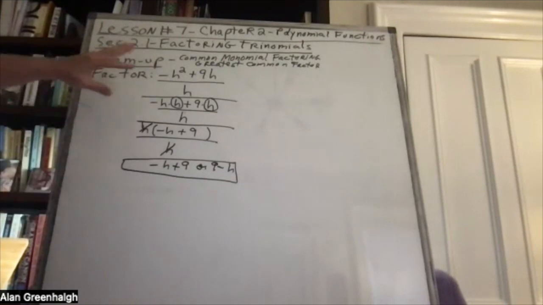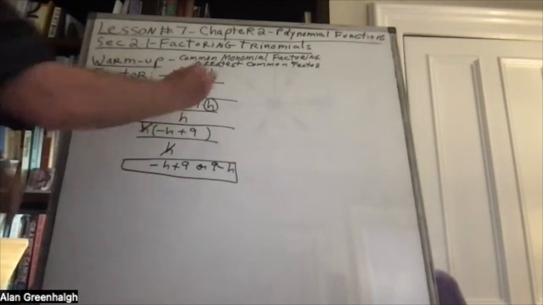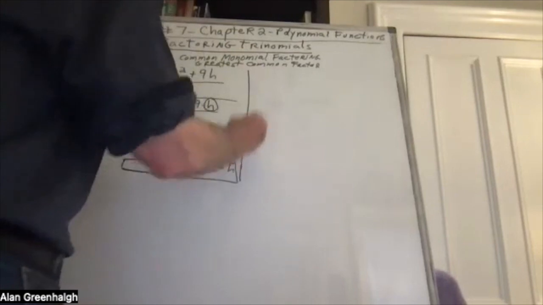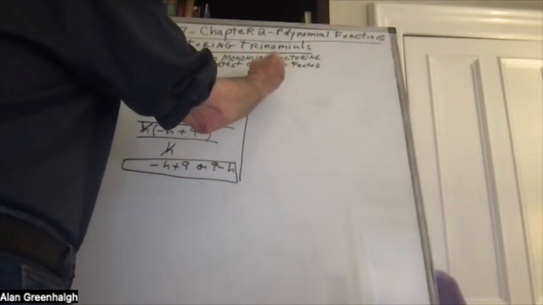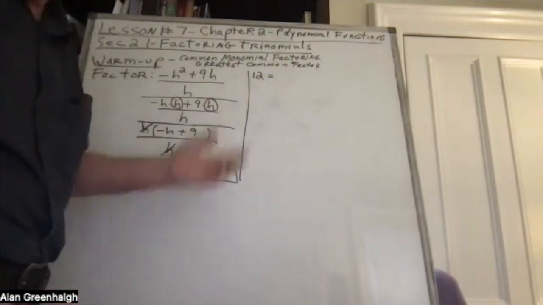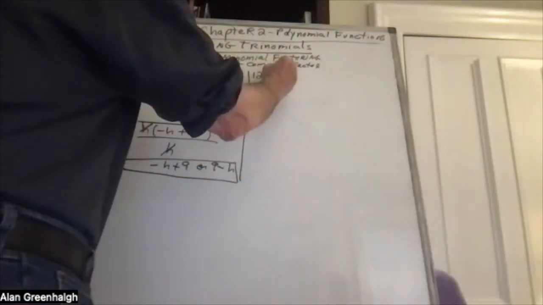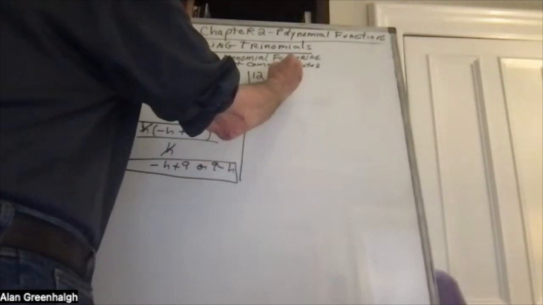Now, let's start pretty basic. Take a number like 12 and think of all the numbers that go into 12. If we think of all the numbers that go into 12, we can create a set.